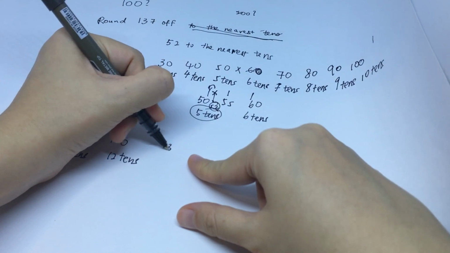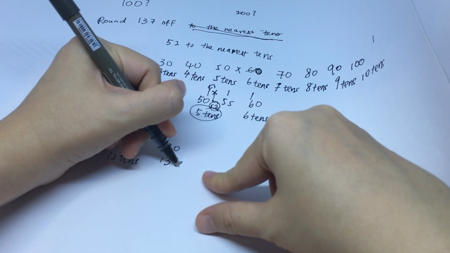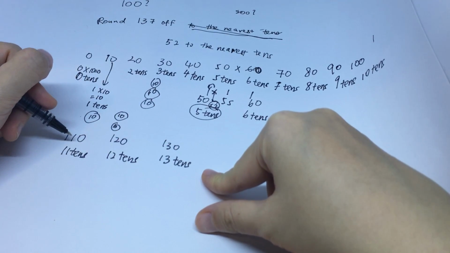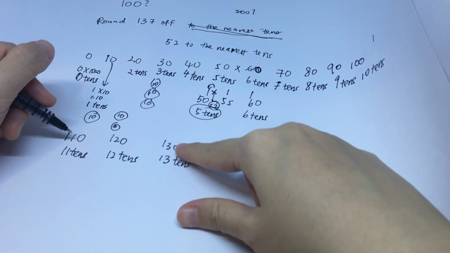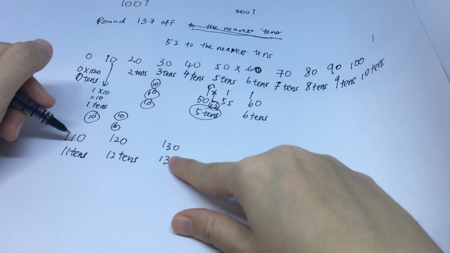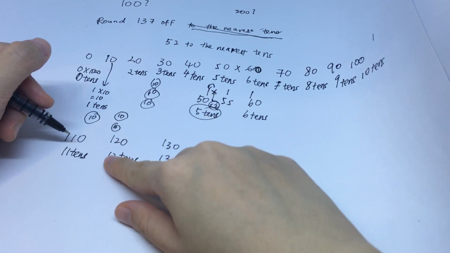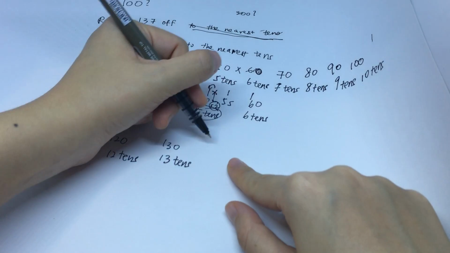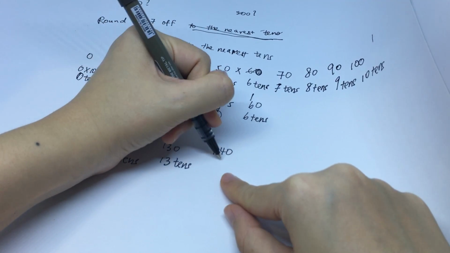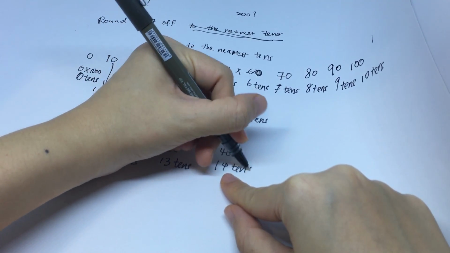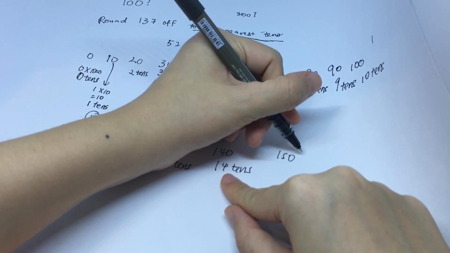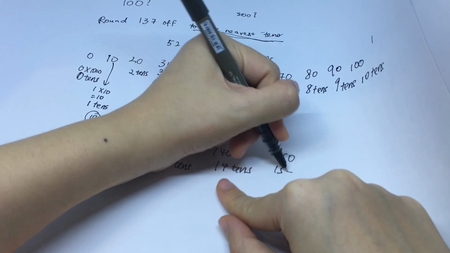Next would be 130, which is 13 tens. I don't know if you see a pattern here. 140 is 14 tens, and 150 is 15 tens.